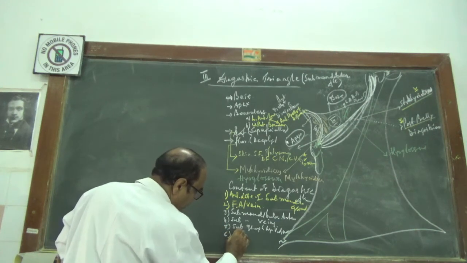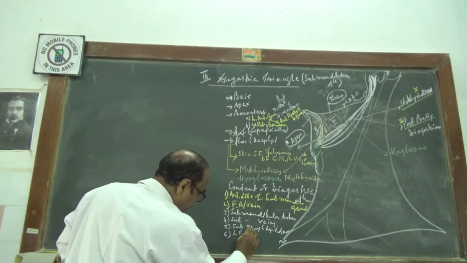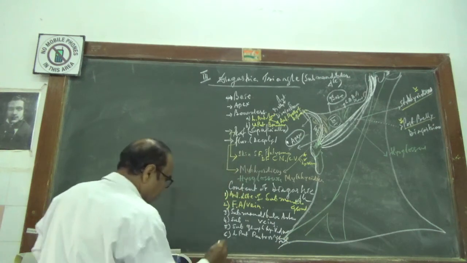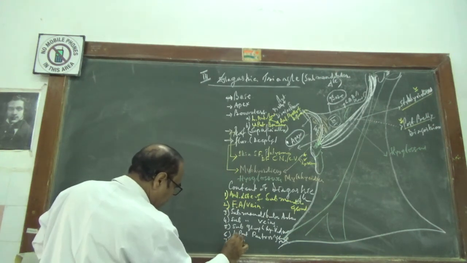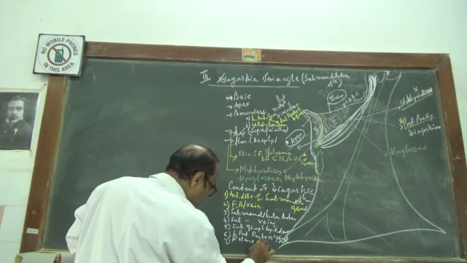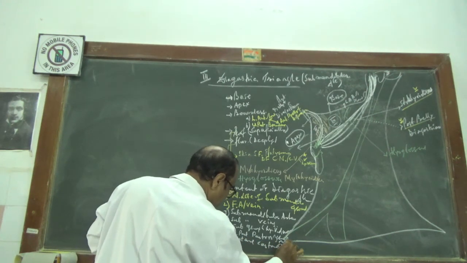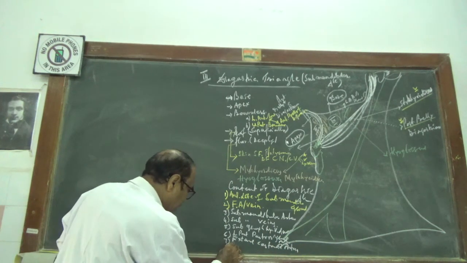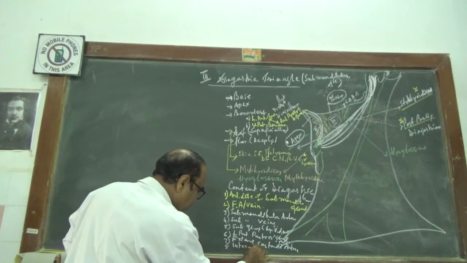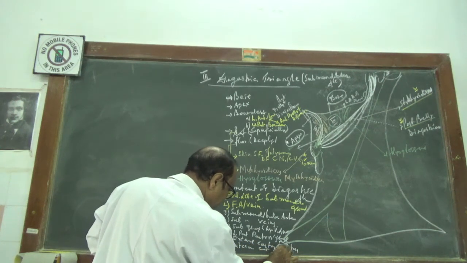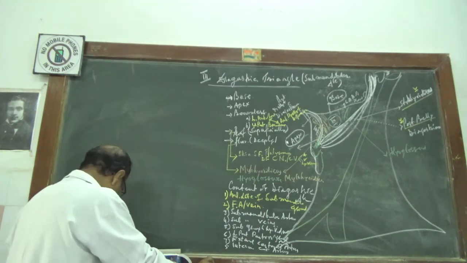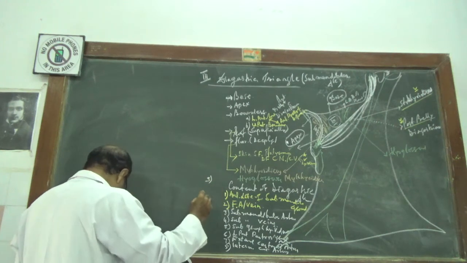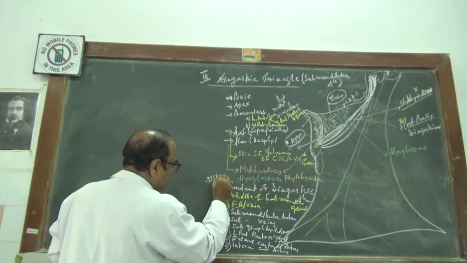Sixth, the lower part of the parotid gland, external carotid artery, then internal carotid artery, then you have, this is the ninth, the styloglossus muscle.